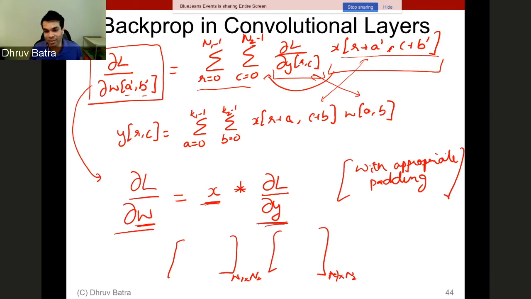It's a generalization of dot products and linearity, if you will. Hopefully you have somewhat of a good intuition for backpropagation in convolution layers. I highly suggest going back and looking at the notes and trying to derive this by yourself, keeping the notes in front of you, but trying to do this yourself.